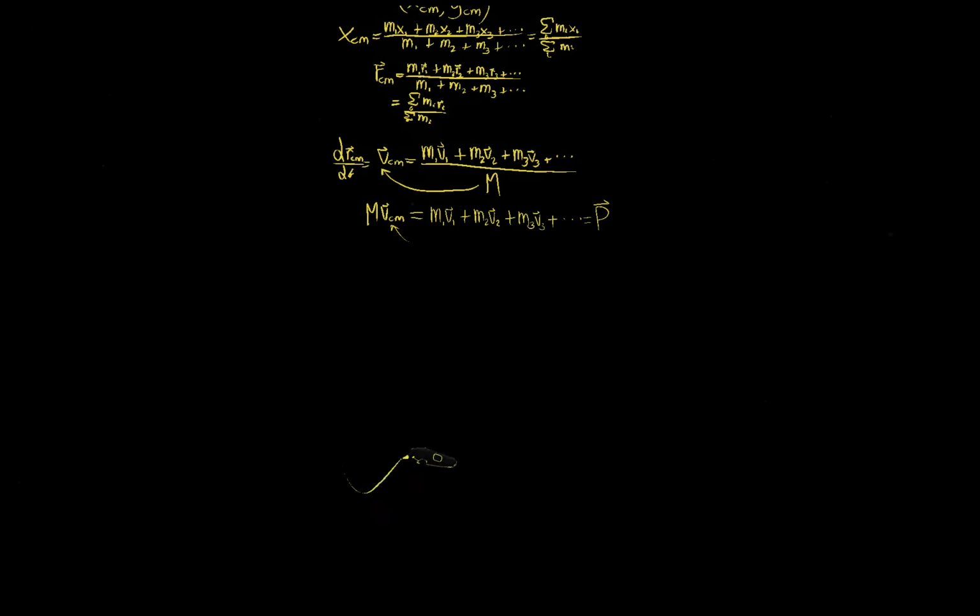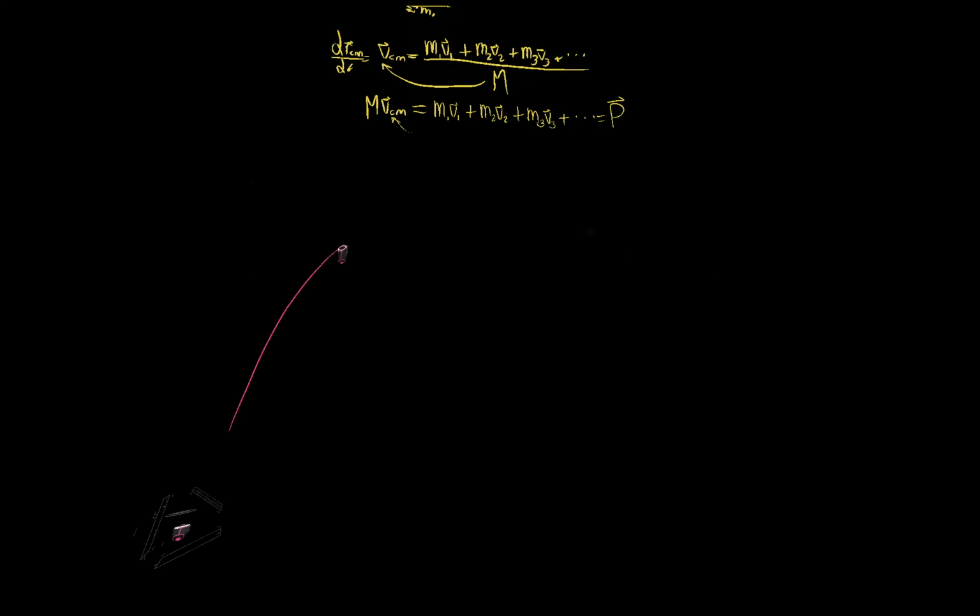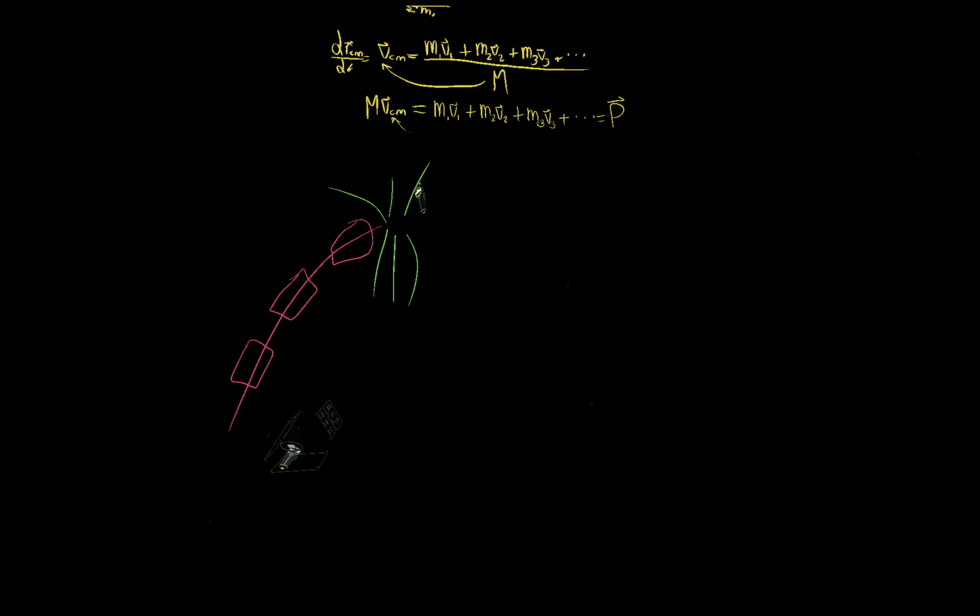You're putting it together. When you fire an exploding firework up into the sky, the firework explodes into many pieces, but the center of mass of the system continues on the exact same trajectory as if the firework did not explode. So let me draw this here. Firework, moments of time, firework, big explosion.